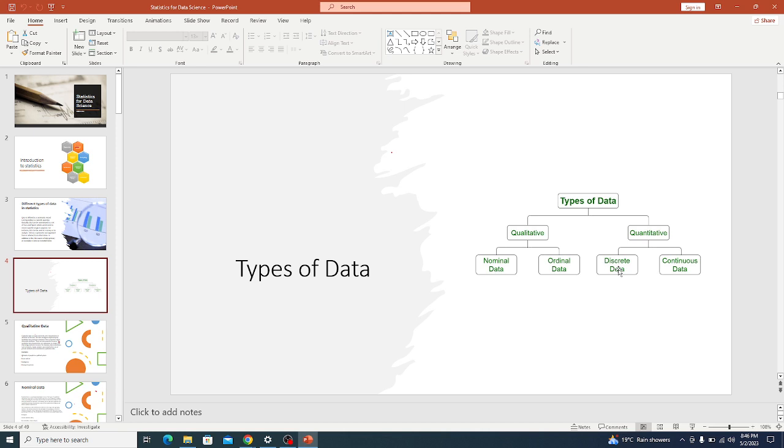For continuous, it gives us more of a range, or we have some decimals attached to the values. Another definition which I will take is that discrete is countable, you can count. For continuous, it's not that easily countable.